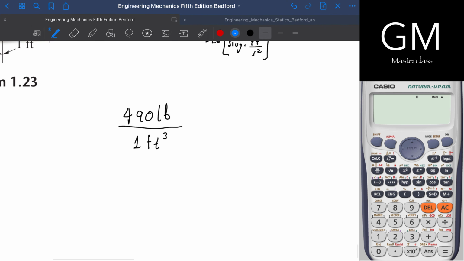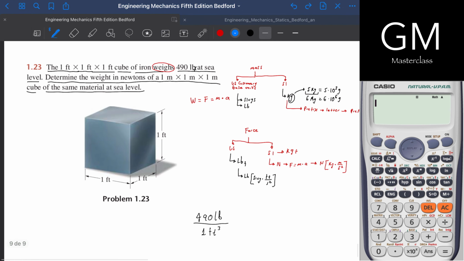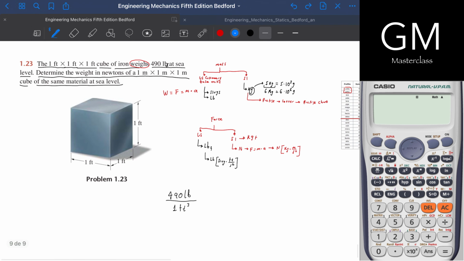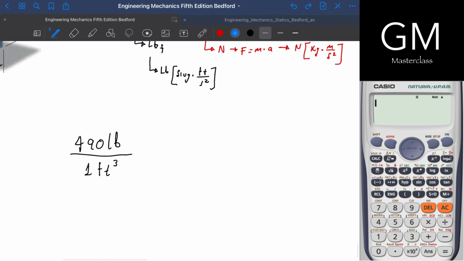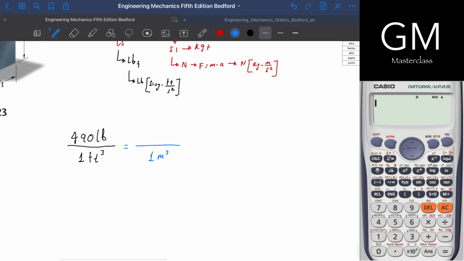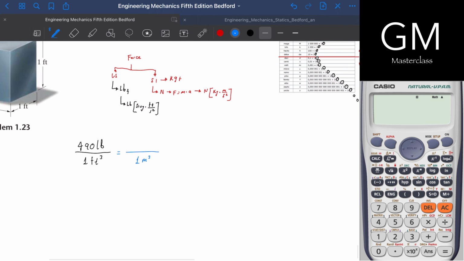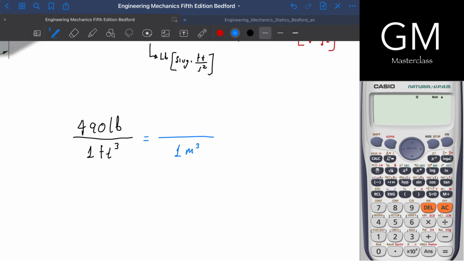So this is an equivalence. Every single feet to the third power, I'll have 490 pounds of weight. Now I have to transform that and get a relation in which I'll have 1 meter to the third power, and I'll have an answer in newtons.